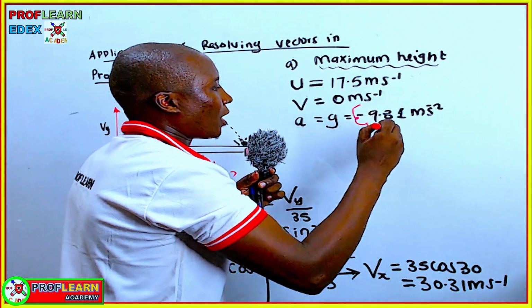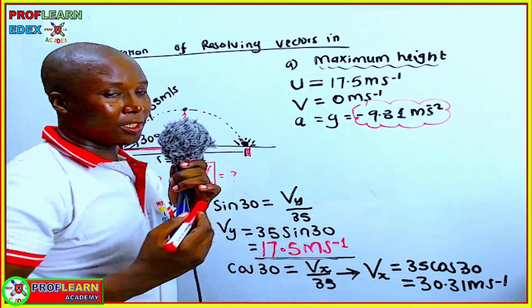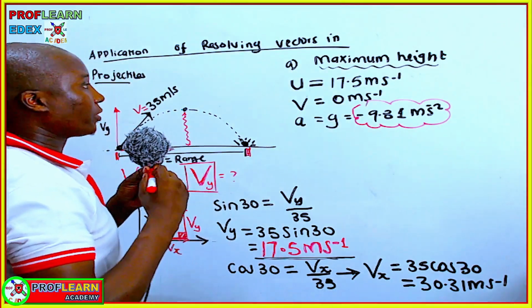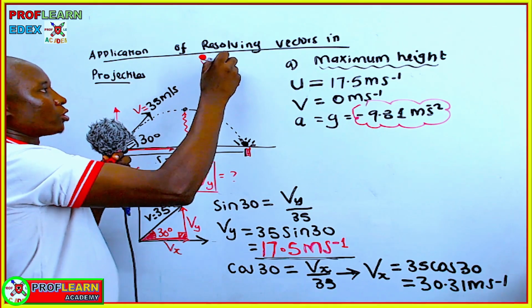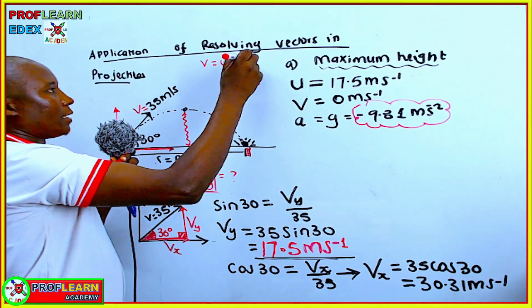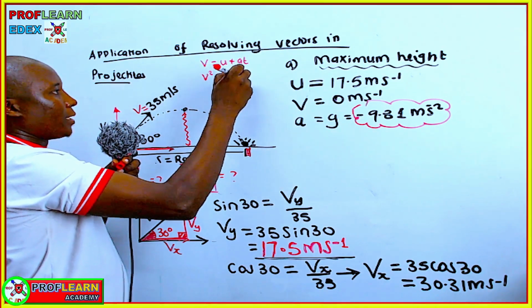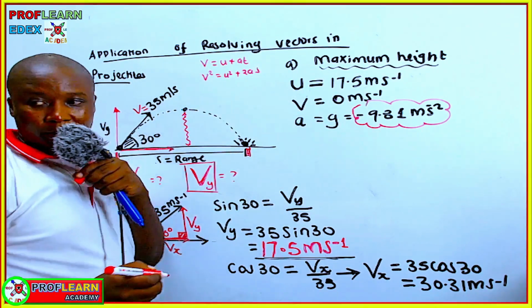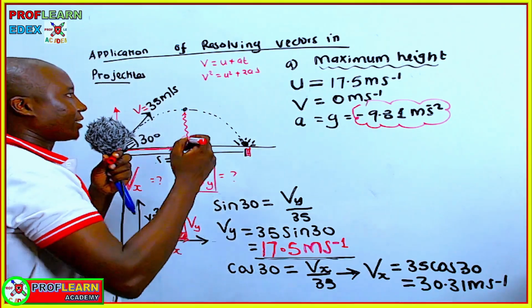So for you to work out the maximum height reached, we have the equations of motion, the SUVAT equations of motion. The first one is v equals u plus at, v squared equals u squared plus 2as. These are very important formulas that you need to remember for AS physics.